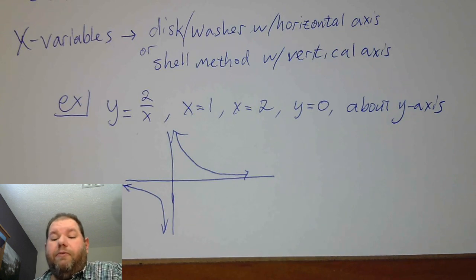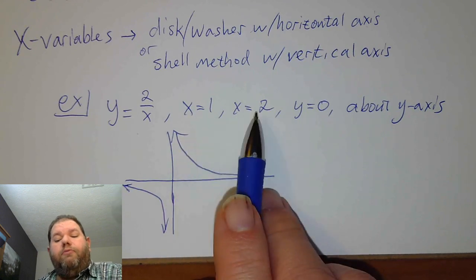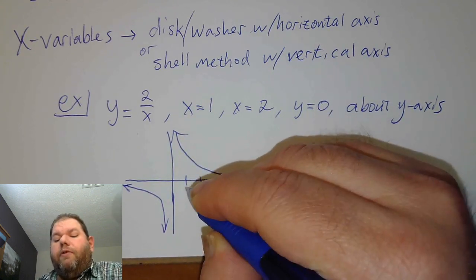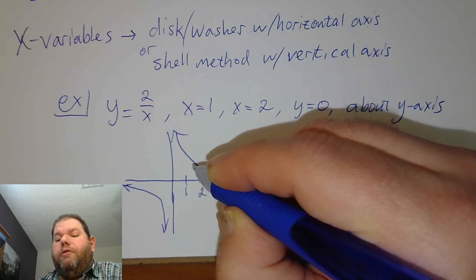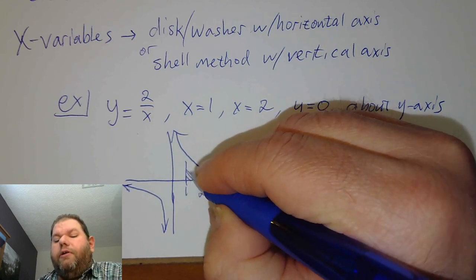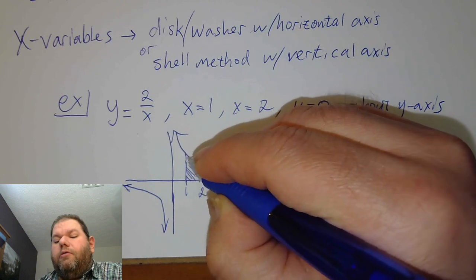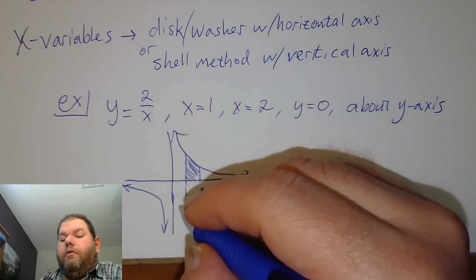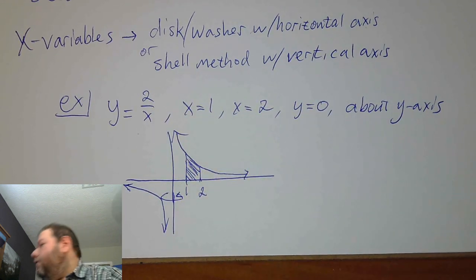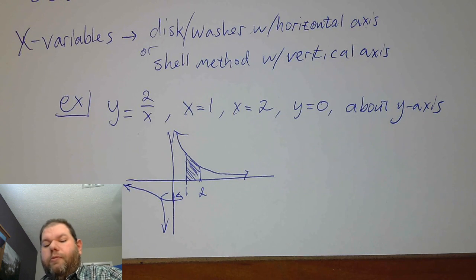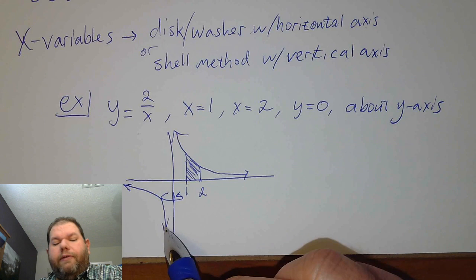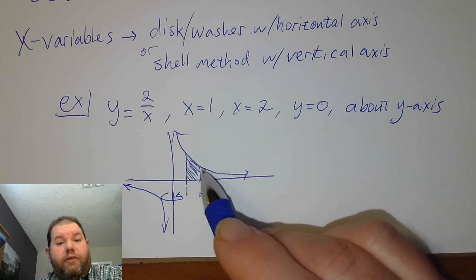But most of our focus, if you look at all of our other functions we're given, x equals 1, x equals 2, y equals 0, that's going to ensure that we end up focusing on this portion right here. So we don't even have to worry about this part of the graph on this lower left side. This is actually our shaded region that we're working with.